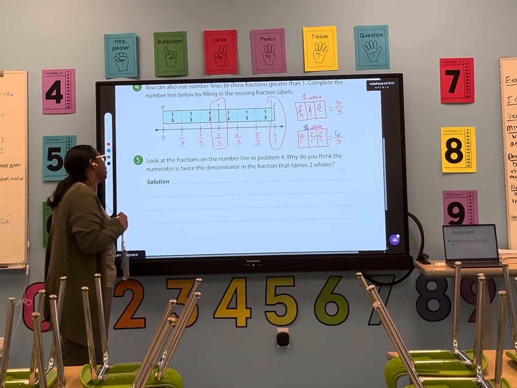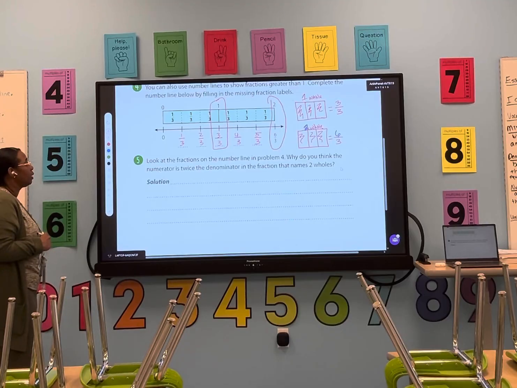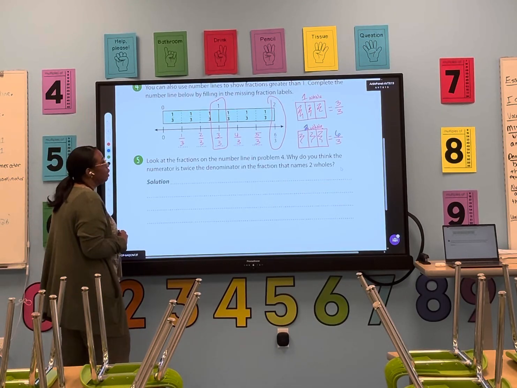So let's answer the question. I'm going to reread it again. Why do you think the numerator is twice the denominator in the fraction that names 2 wholes?